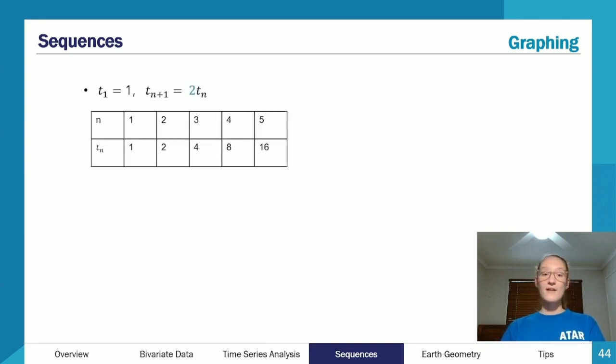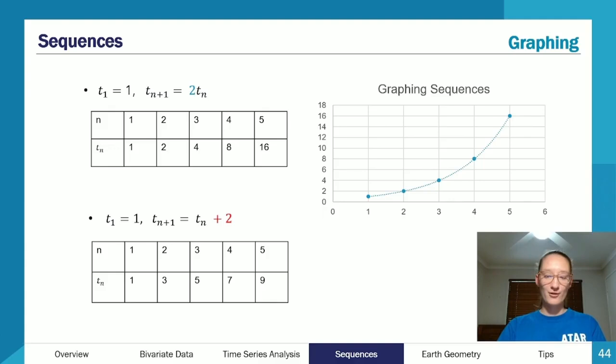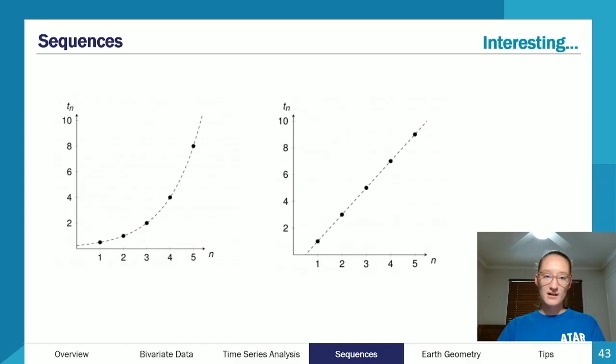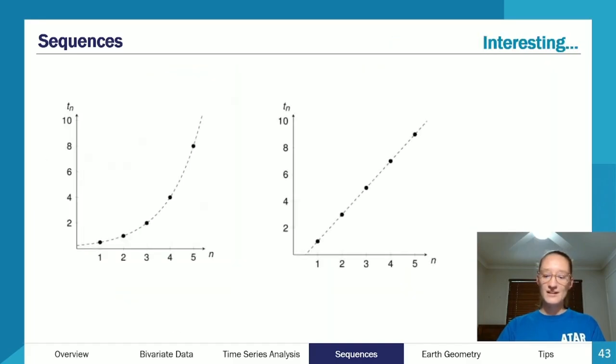So graphing, I already showed you a few graphs just before. Let me show you another one here. If I pull out my laser pointer, you can see here that we've graphed n down the bottom and we've graphed Tn on the y-axis.